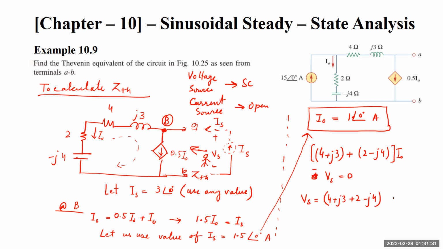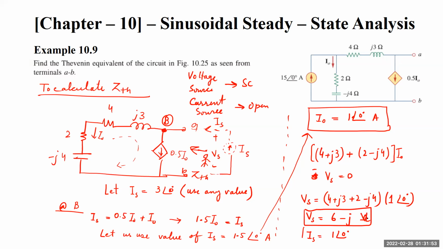Into I naught, and I naught is equal to 1 angle 0. So my Vs will be 6 minus j volts, and the Is value is 1 angle 0 ampere.